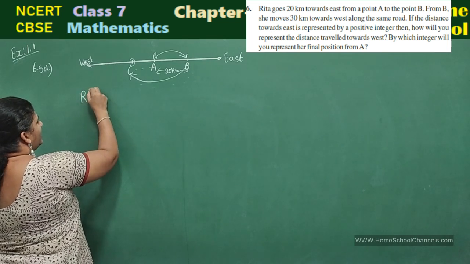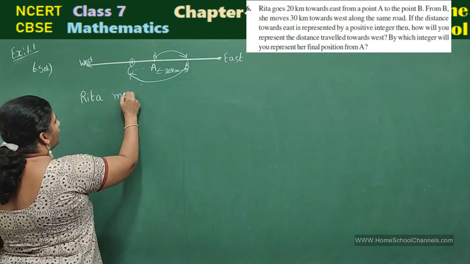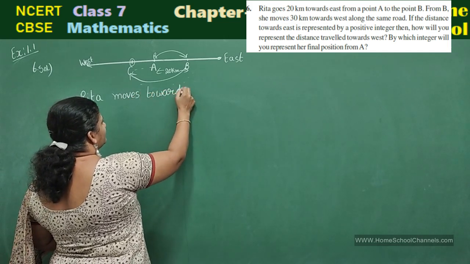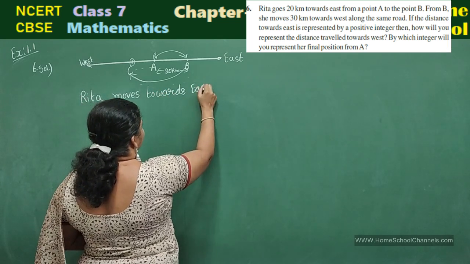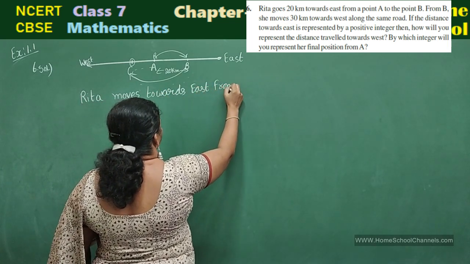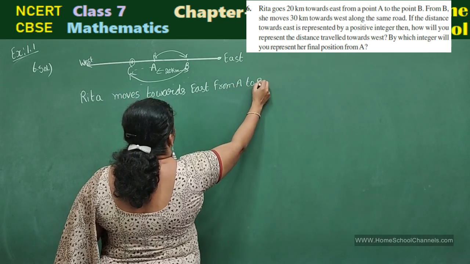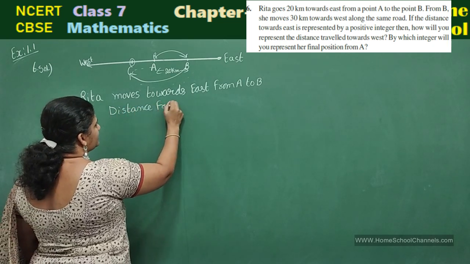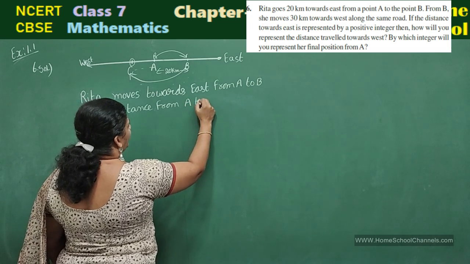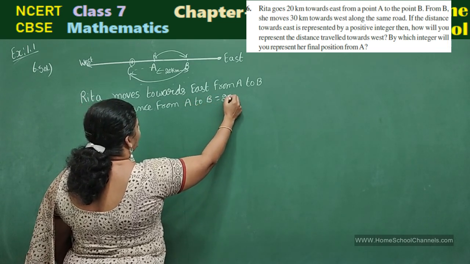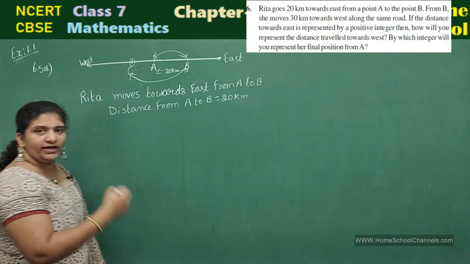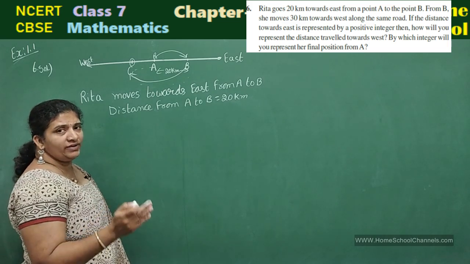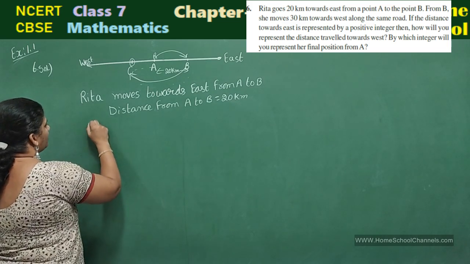Here, Rita moves towards east from A to B. What is the distance she traveled here? Distance from A to B is equal to 20 kilometers. Then what did she do? Next, from B, she moves towards west. How many kilometers? 30 kilometers.